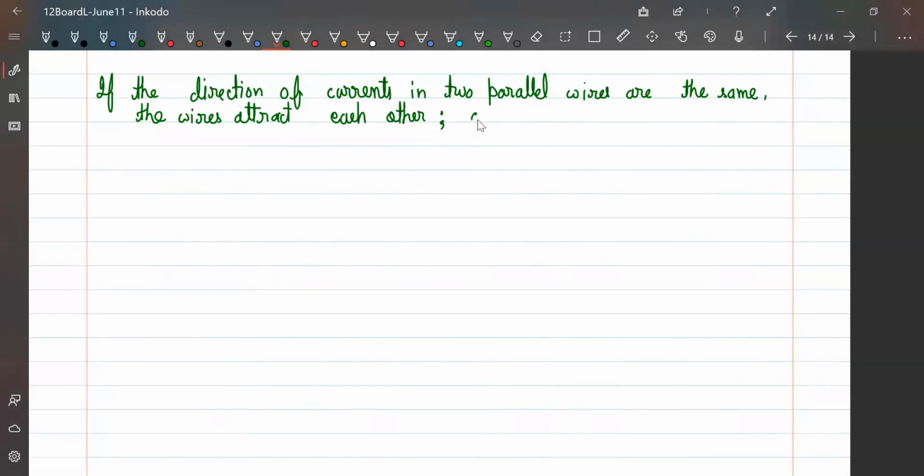And if the direction is opposite, the wires repel each other.